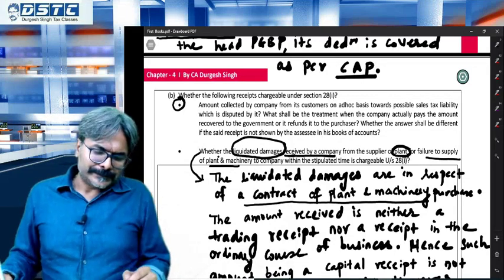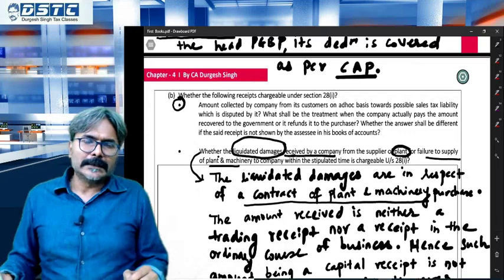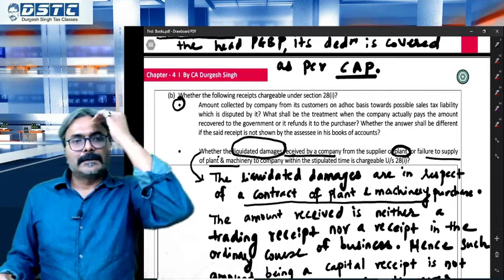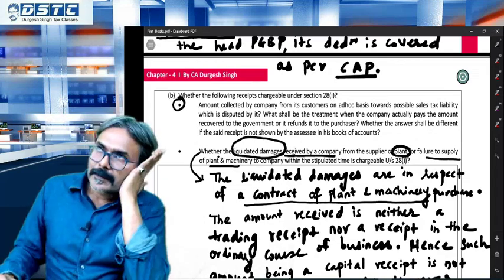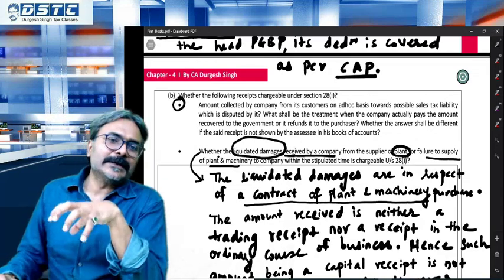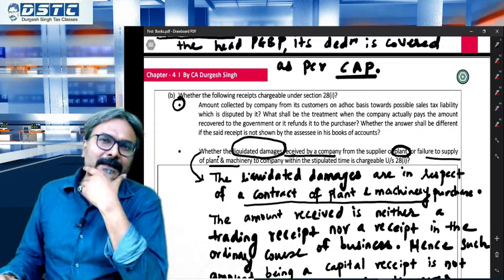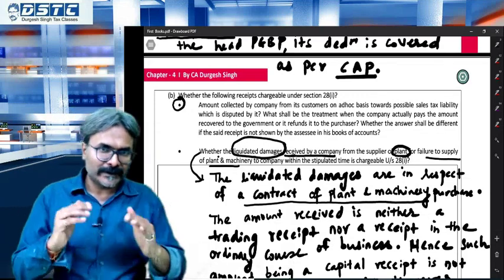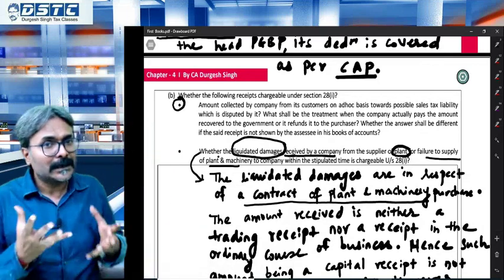That is about the concept of ICDS. Students, why has ICDS been introduced under the Income Tax Act? This needs to be appreciated, because today we are discussing that concept.